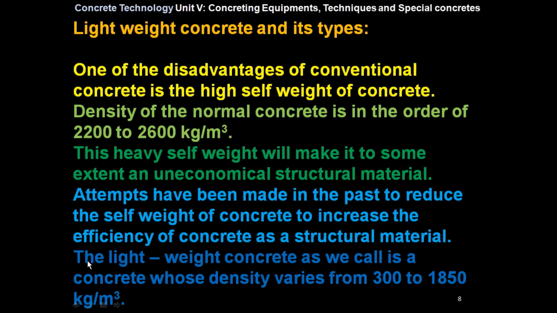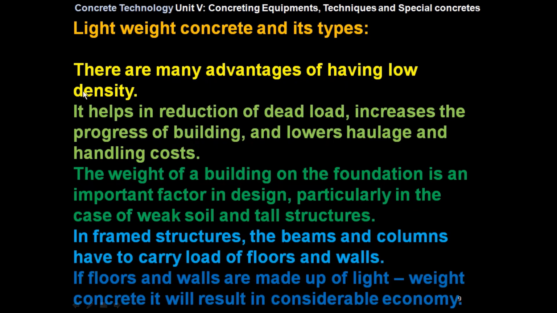The lightweight concrete, as we call, is a concrete whose density varies from 300 kg per meter cube to 1850 kg per meter cube. There are many advantages of having low density. It helps in reducing of dead load, increases the progress of building, and lowers haulage and handling cost.